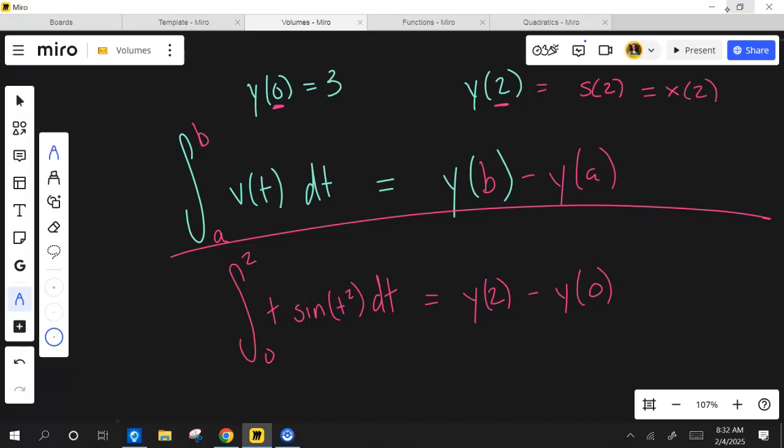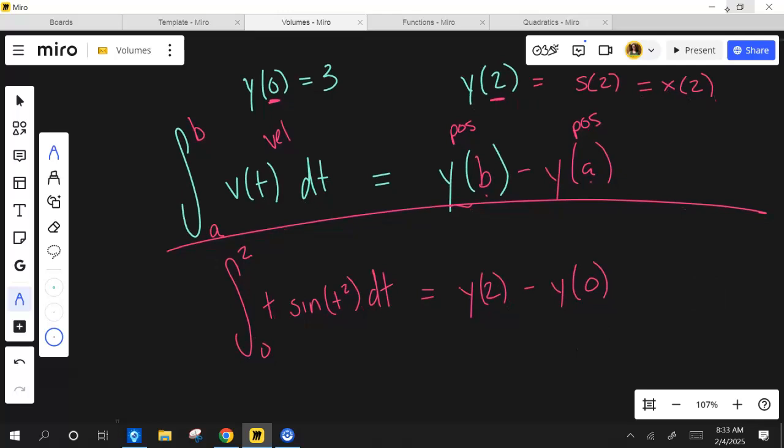They said position. That's what they're using to call position. The antiderivative of velocity is position. So to do the antiderivative, you go back one and it's upper bound minus lower bound. Okay, so that's all I've done here. This is velocity. This is position and position.